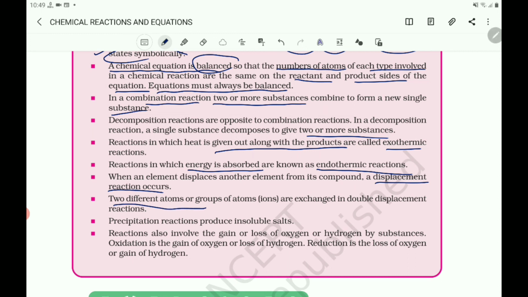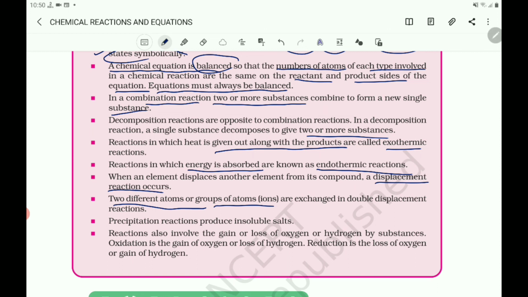In double displacement reactions, two different atoms or groups of atoms or ions are exchanged.